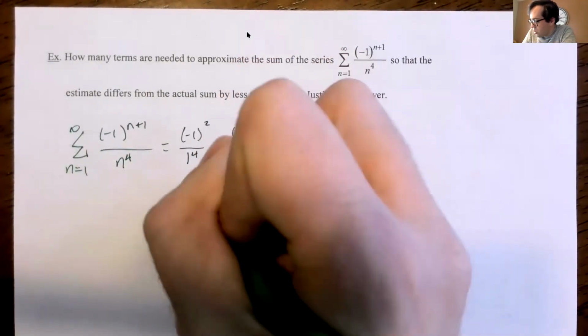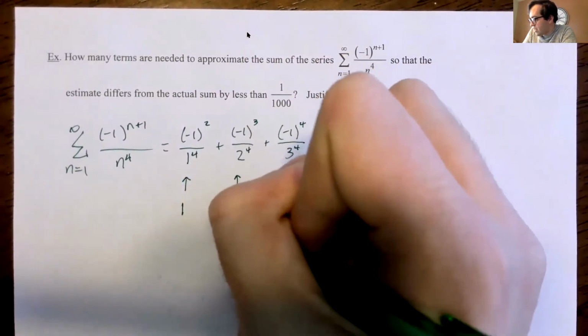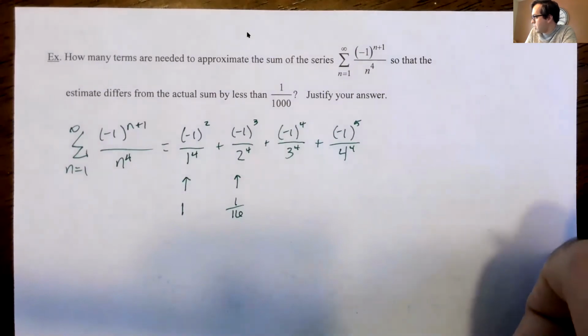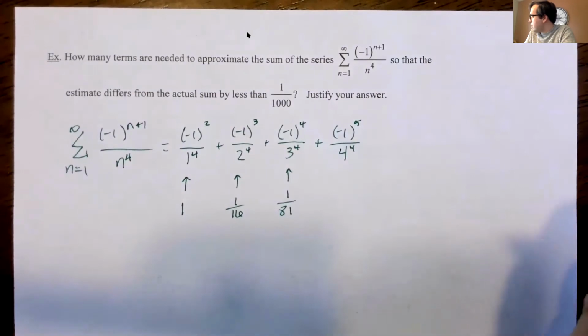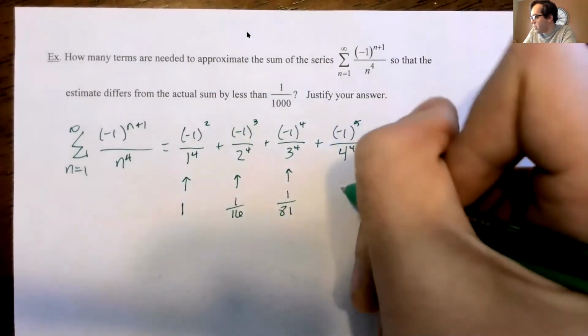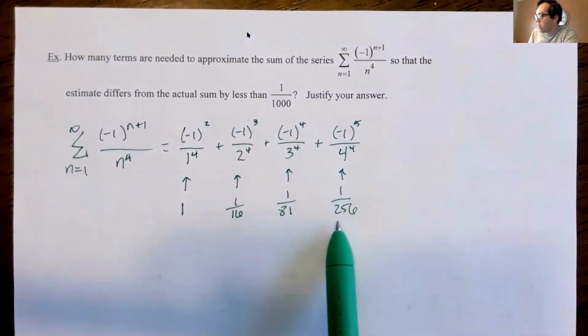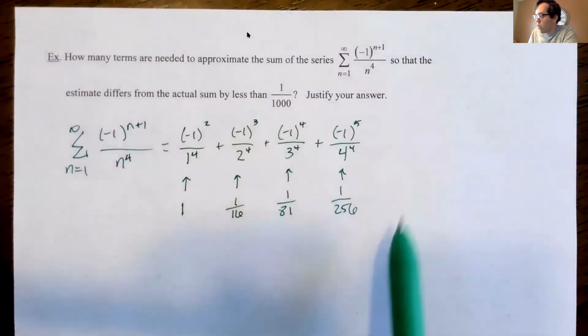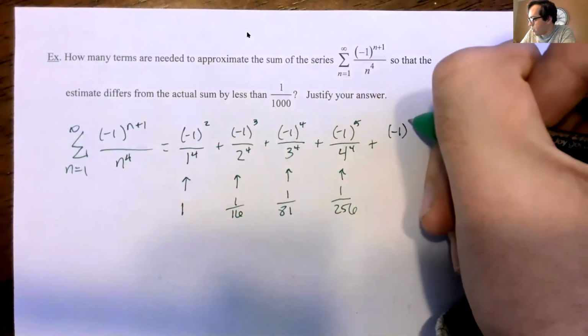And this first one just equals 1. The second one equals 1 over 16. That's what 2 to the fourth is, 16. Next, we get 1 over 81. Next, we get 1 over 256. And I'm looking for the first fraction that's smaller than 1 over 1,000. So I didn't get there yet. So I'm going to write out another term.